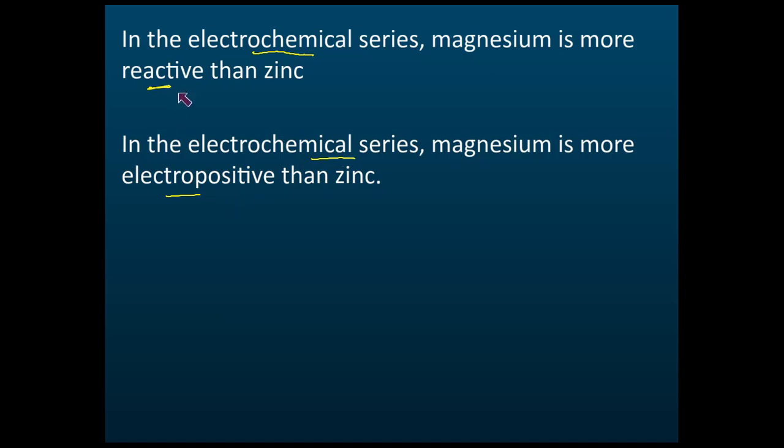There is a difference between the reactivity series and the electrochemical series. I think I explained to you before, maybe last month. I don't know whether you still remember or not. Even though they are quite similar, they are not the same series.